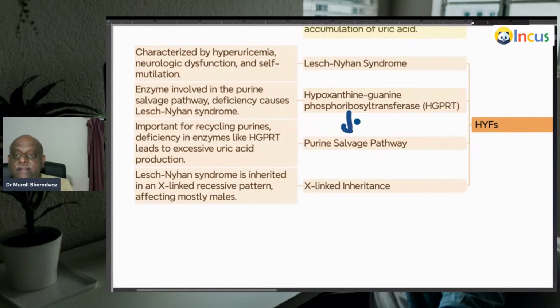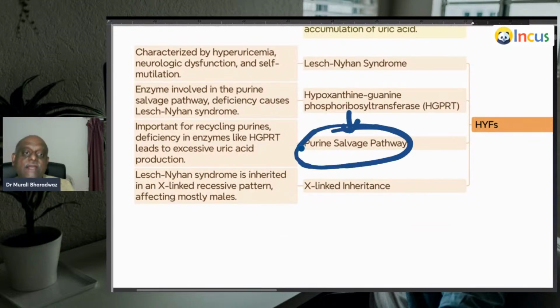So, where is it involved? In the purine salvage pathway. So, there is a recycling of the purines. You require HGPRT. And if they are not recycled, they get metabolized to form the uric acid production.